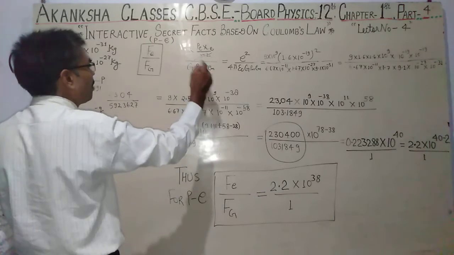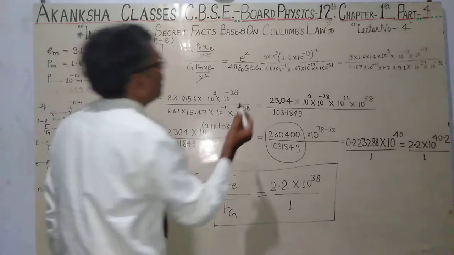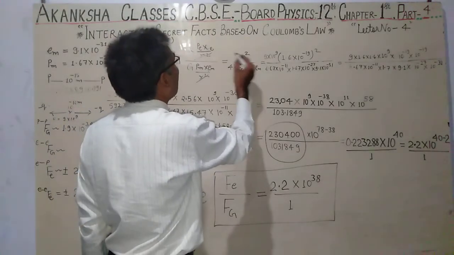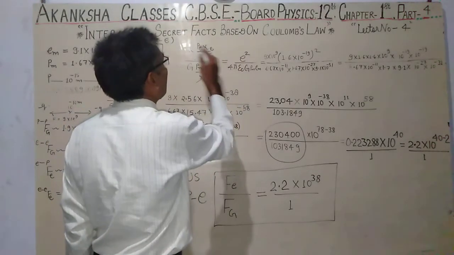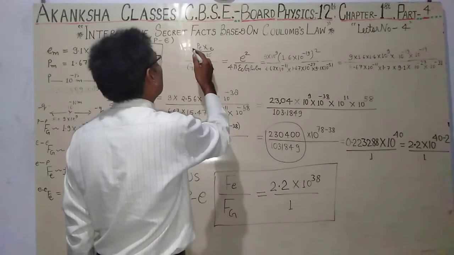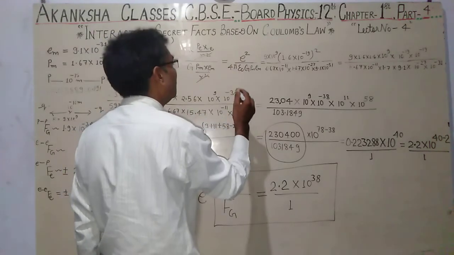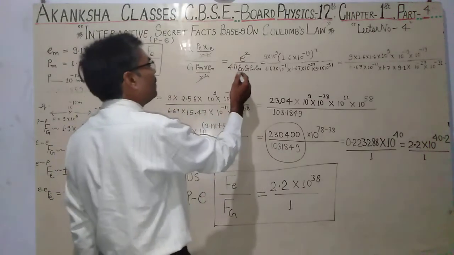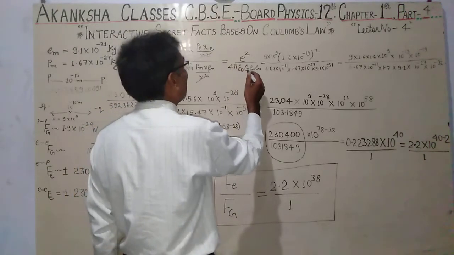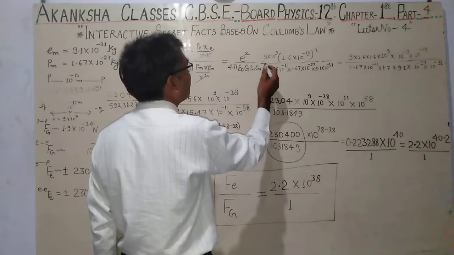In this process, r square will be cancelled, and we get e square, as the charges are the same on both particles, e square by, when we put the value of constant K, 1 by 4 pi epsilon naught, the minimum value of permittivity of free space, into capital G into mass of one proton into mass of one electron.